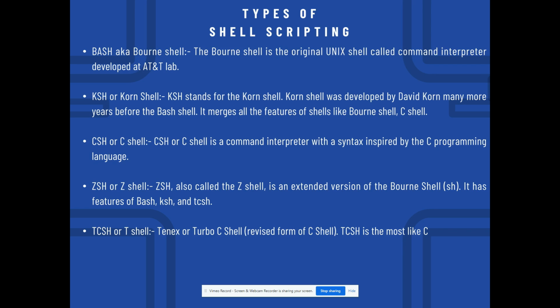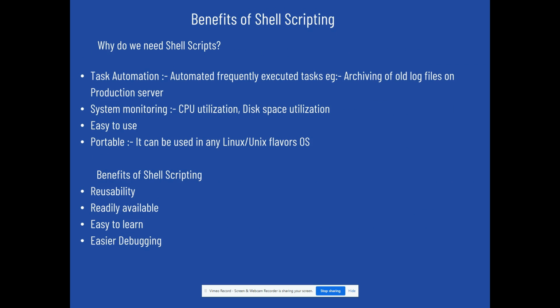The last one is known as TCSH or T shell, or people call it turbo C shell. It most likely resembles the C shell, but it's a revised version of C shell.